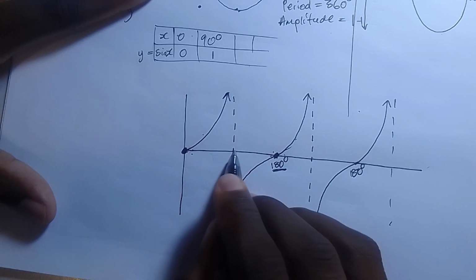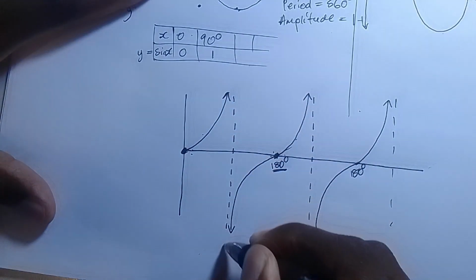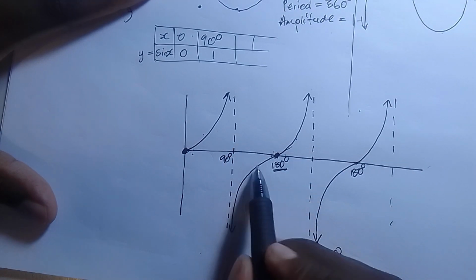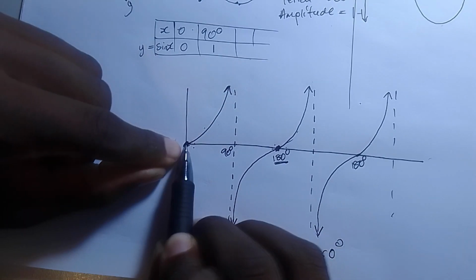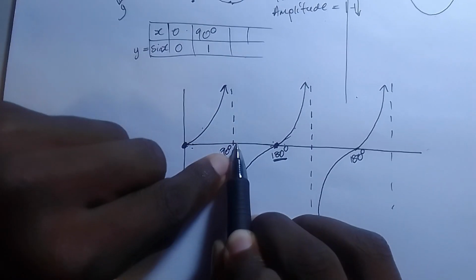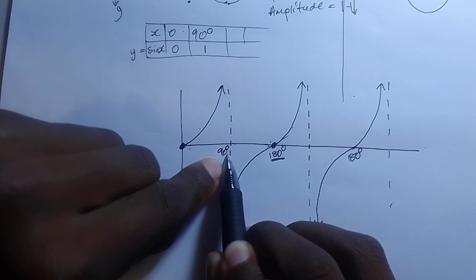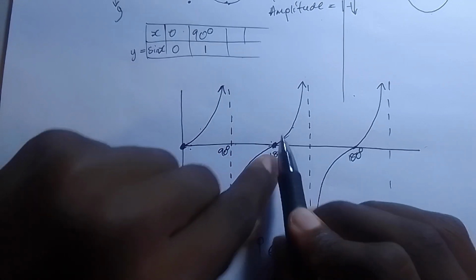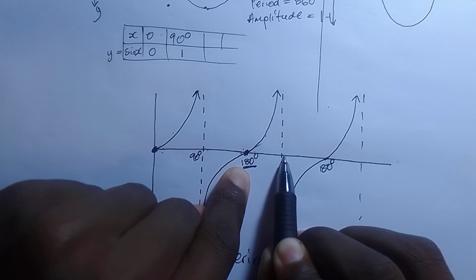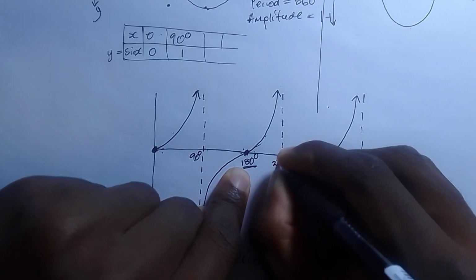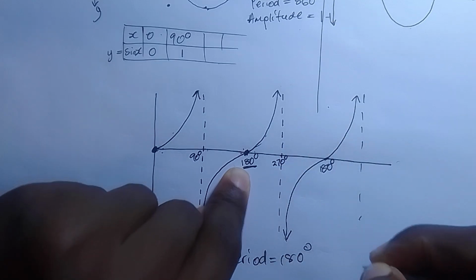and 0. The midpoint, which is the asymptote, is going to be 90 degrees. And if from here to here it's 90, and from here to here it's 90 again, because 90 plus another 90 is going to give us 180. Then from here to here should also be 90, which means this point is 270 degrees.